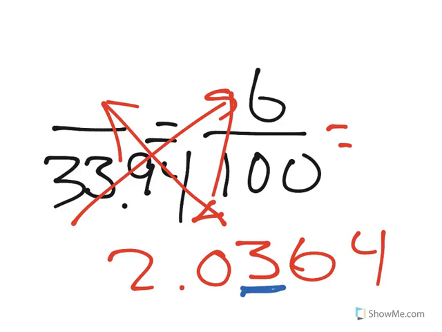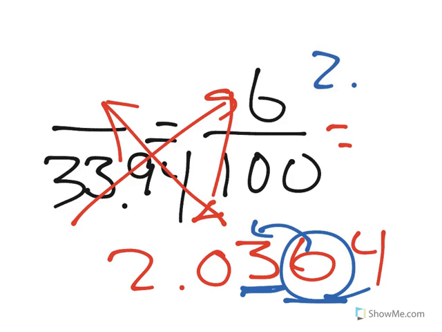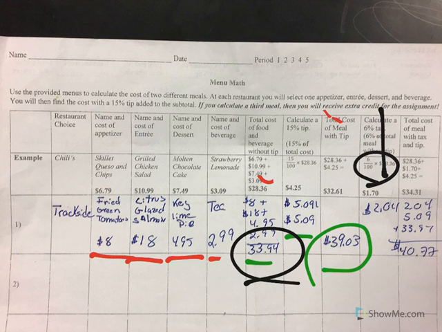Remember, I only want to go to the 100 spot. I look to the right and see that number's greater than a 5, so I give this number a shove. So my tax for this is going to be $2.04. So as you can see, that's where I got the $2.04.